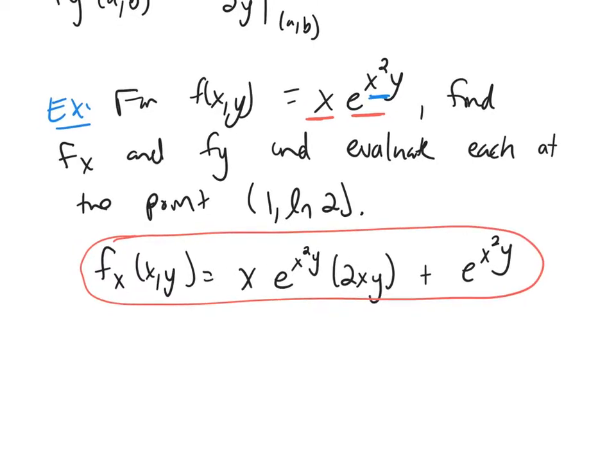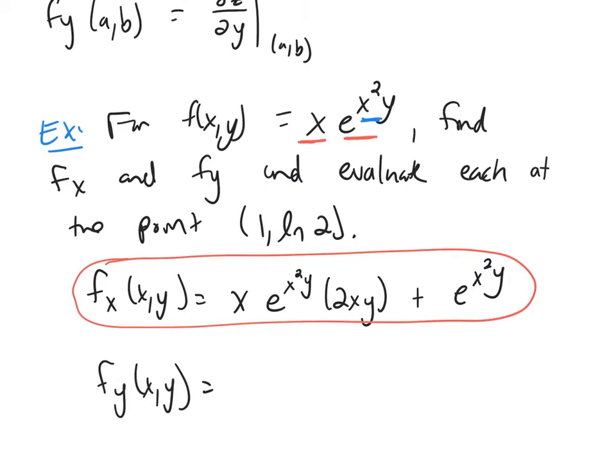Let's find our partial derivative with respect to y now. So I'm going to erase these. If I look, y is only contained in this second term here. So that means I don't need to use the product rule. That x is just a coefficient right here.